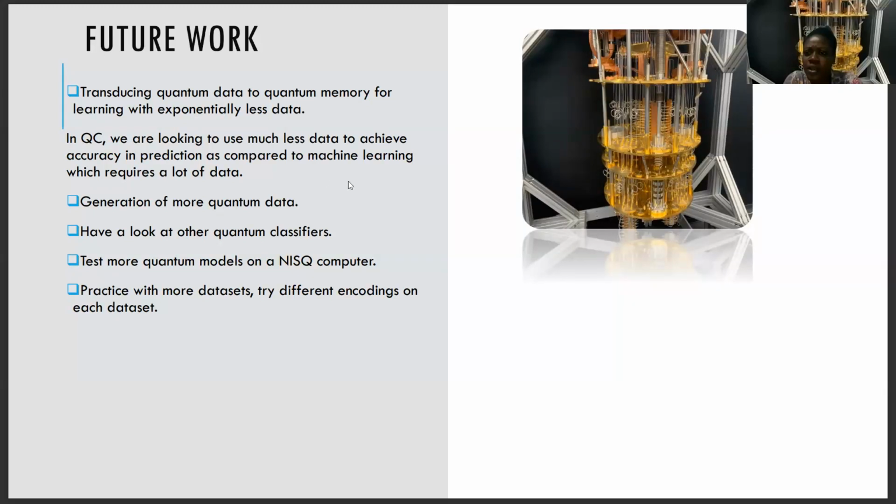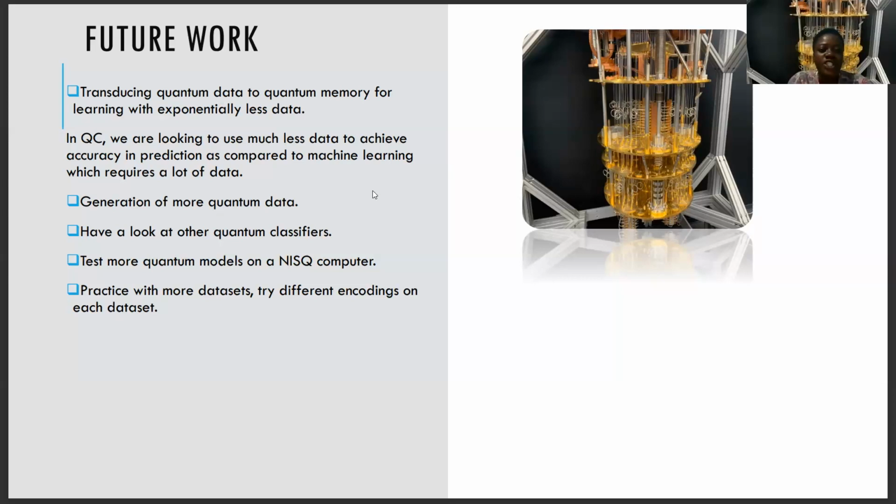We know that having less data is one of the major challenges with classical machine learning. You need a very large data set to be able to train a good model. But we are looking for a better way of achieving good models with less data.